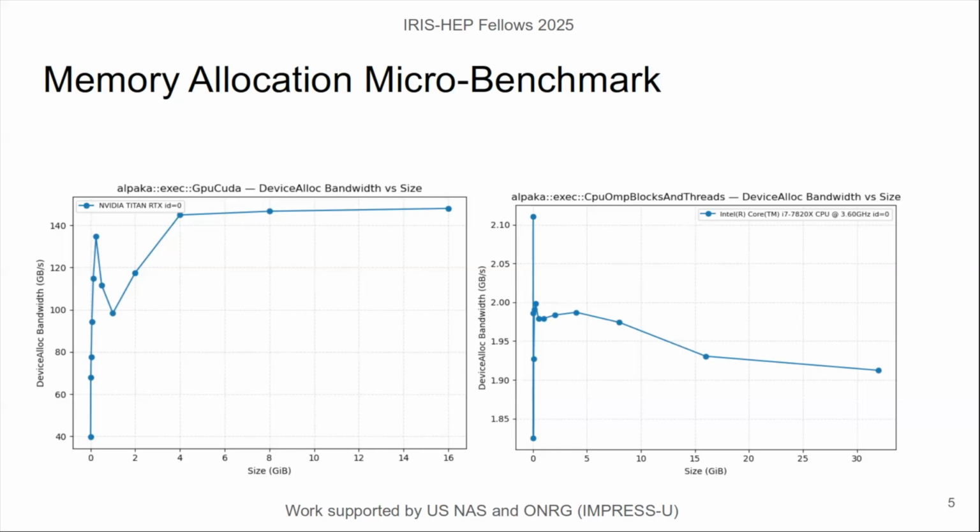After fixing lazy allocation, bandwidth stabilizes at about 130 gigabytes per second for large buffers, which matches the expected range for device memory initialization on RTX hardware. On the right, CPU results are around 2 gigabytes per second and mostly flat, which is consistent with main memory commit latency.